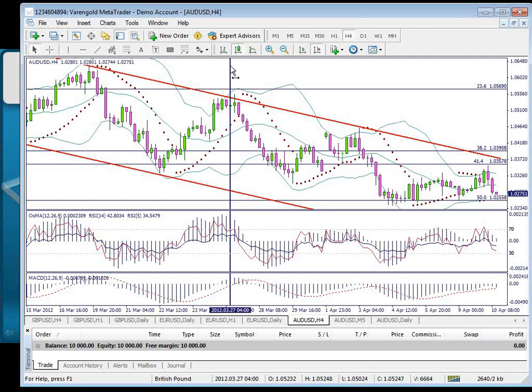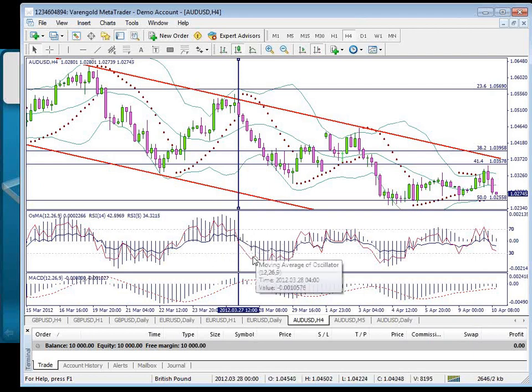Here I have the signal from the crossover, the oscillator of moving average. The histogram of the oscillator of moving average had the bars smaller and smaller, went to the zero level, and after that it went under the water.